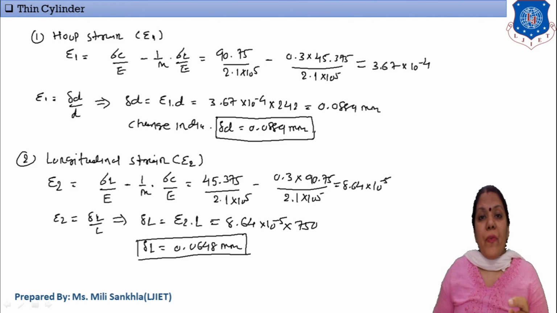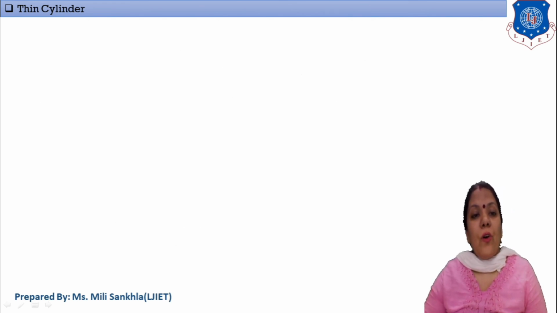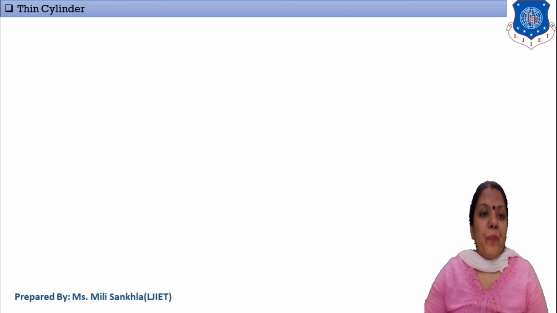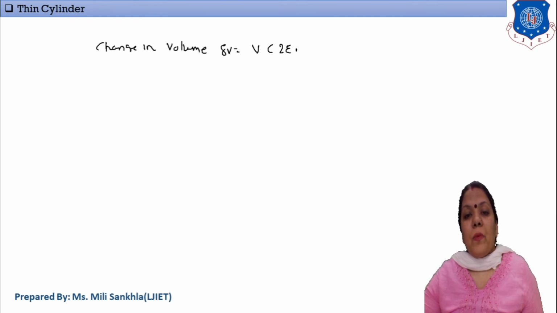Now third, we find out change in volume. What is the equation of this change in volume? We already derived the equation in the derivation. Make a heading, change in volume. Change in volume is del V. Del V is equal to volume times 2 times epsilon 1 plus epsilon 2.